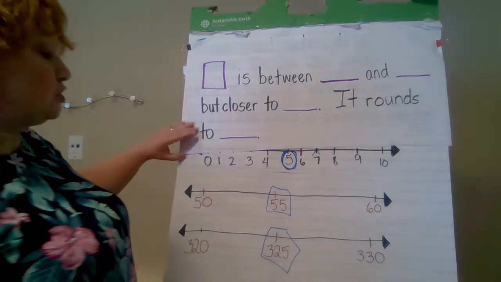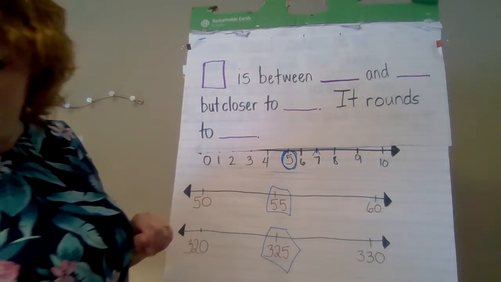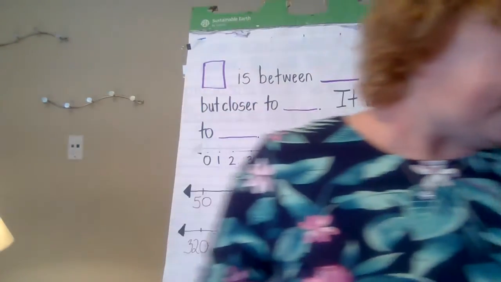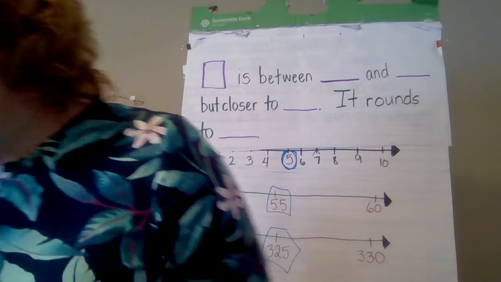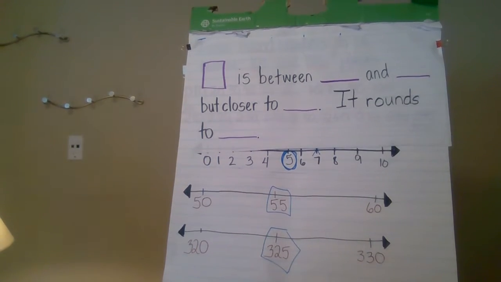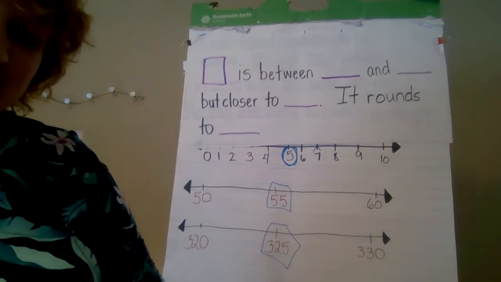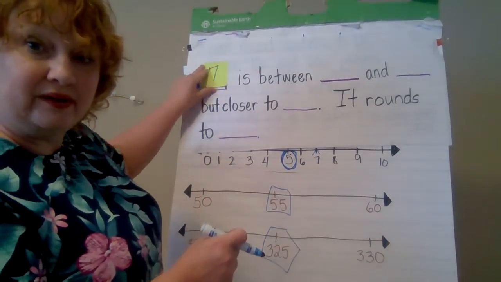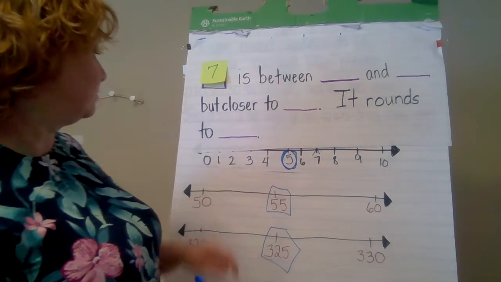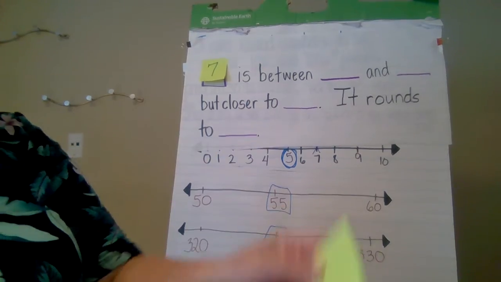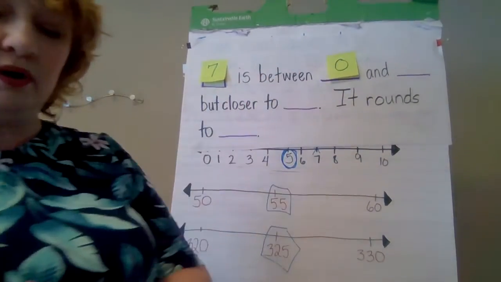Thank you for bearing with me. So looking at our chart, we'll put a 7 up. That's our number that we are asked to round. 7 is between what numbers? It is between 0 and 10. So we're going to put a 0 and we're going to put a 10.